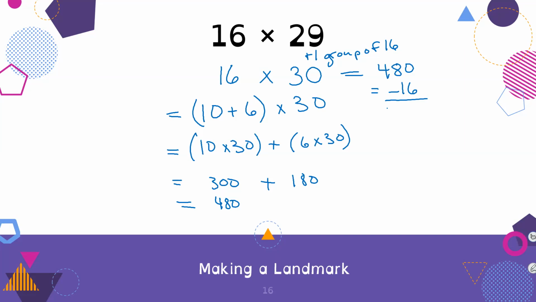So 480 take away 16. Well, 80 take away 10 is 70, and then take away another 6 is 64. So 464. And that's how we can make a landmark, to use friendly numbers in order to do multiplication that might not be so friendly.